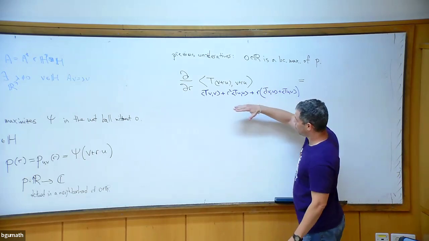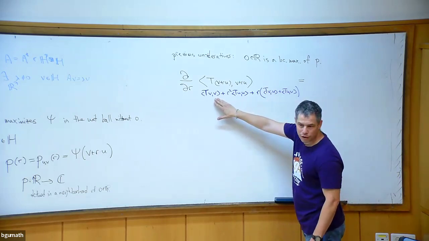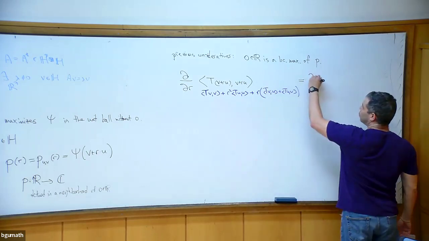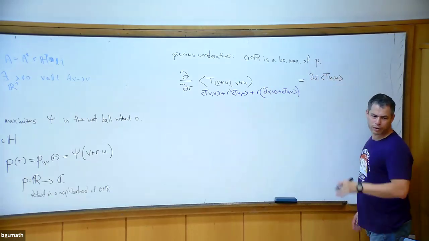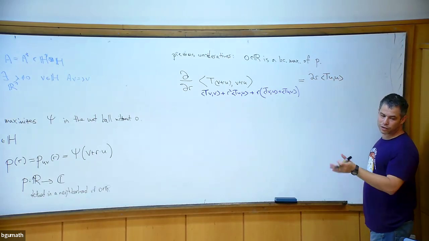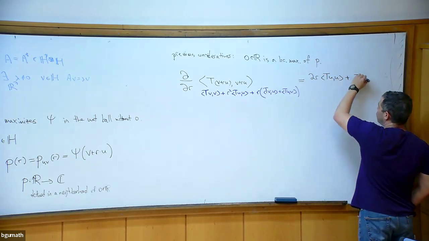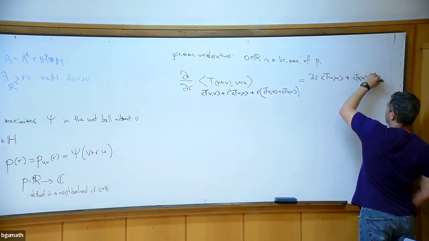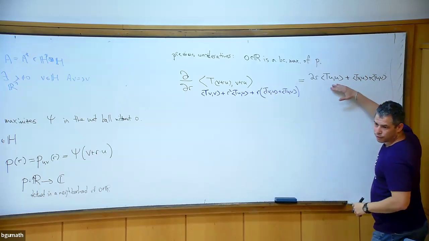I'm left with this term and this term, with the 2R, and this term disappears because it's constant in R. So what I get is 2R T of U, U, where T is just any operator, and then we will use it for A and the identity. So it's 2R T of U, U plus a constant, which is T of V, U plus T of U, V. This is the derivative.